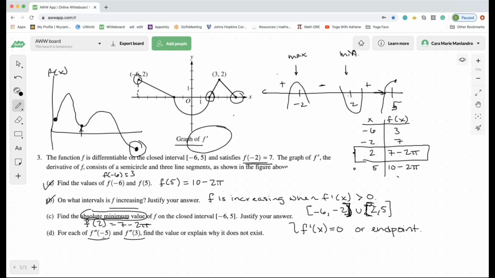For f prime of -5, does everybody agree that the second derivative is going to be the derivative of the derivative? So I can just take the slope of this line. So f prime of -5 is what?